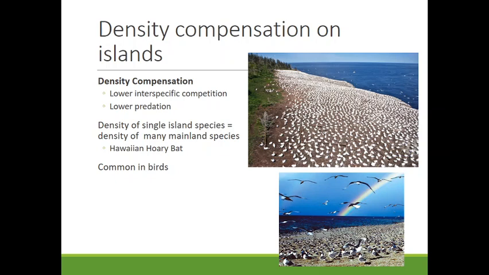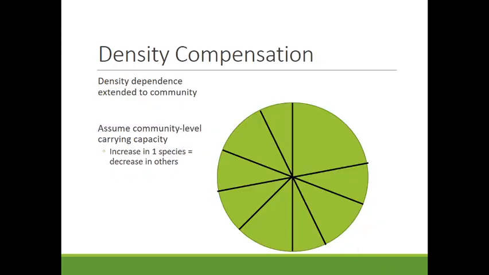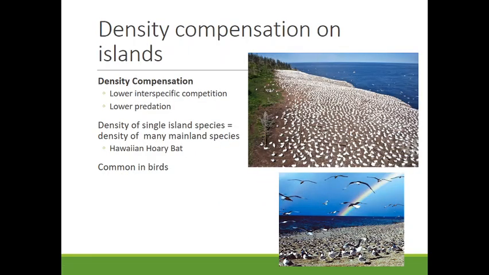So if you go back to this piece of pie, essentially the whole pie might only be inhabited by one species. So we often see the density of a single island species equal the density of many mainland species. We see this with seabirds on islands. You can have super high densities of seabirds because there's basically nothing else there. The entire pie is taken up by these seabirds.